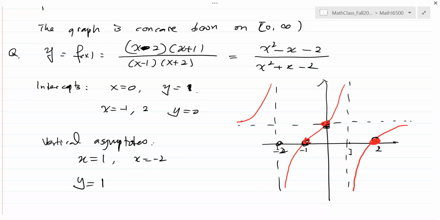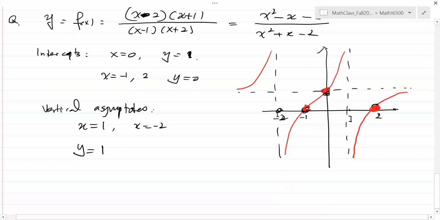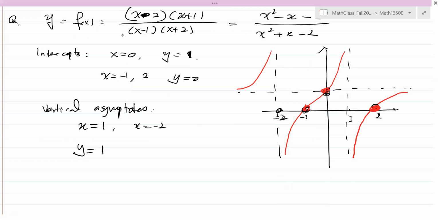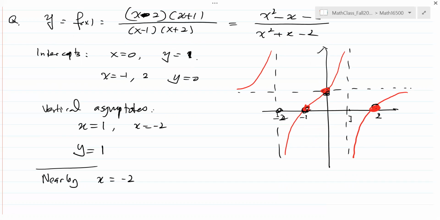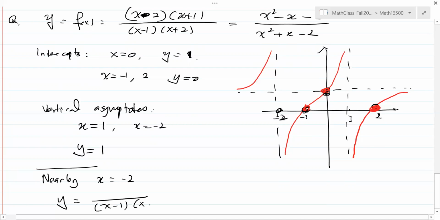So let's figure it out. So nearby x equals -2, I want to approximate the function, simplify the function. So the function here is x minus 1, x plus 2, x minus 2, x plus 1, right?